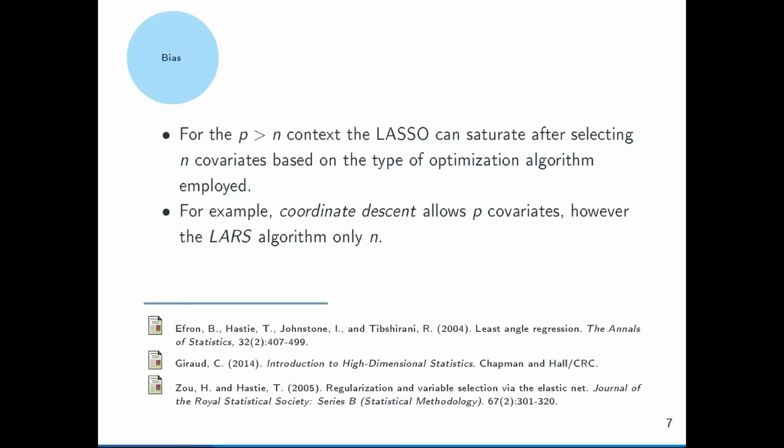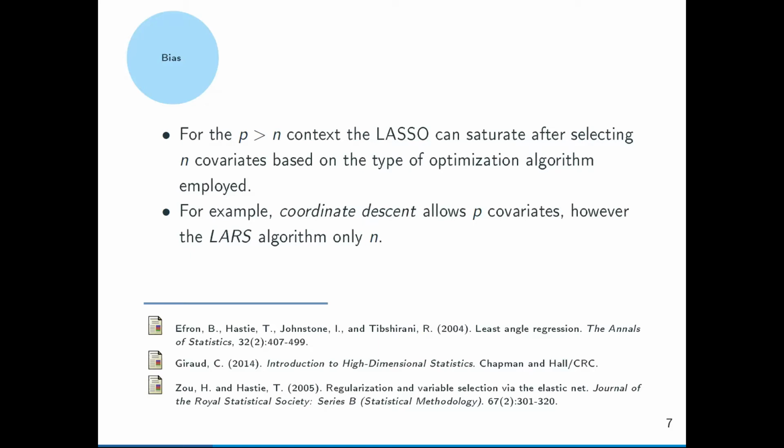In terms of the bias, it is well known for the Lasso that if we have more covariates than sample size, the model can saturate after selecting n covariates. This is related to the type of optimization algorithm employed to obtain the estimation of the beta vector.